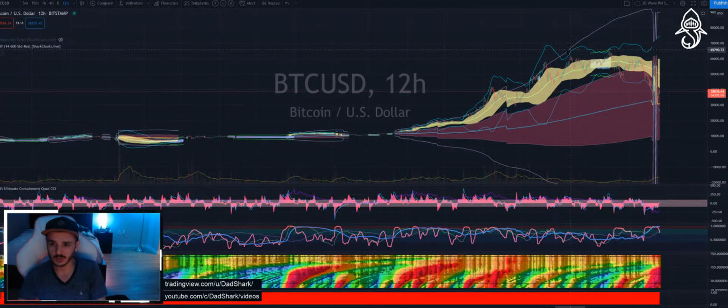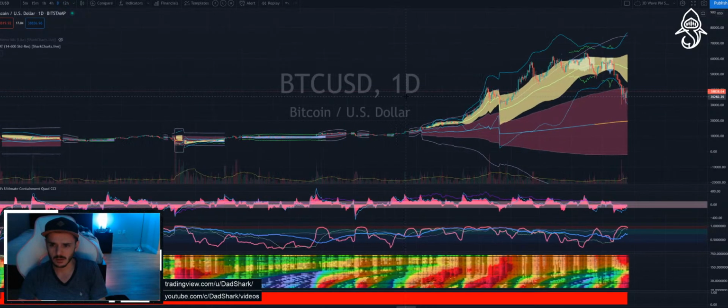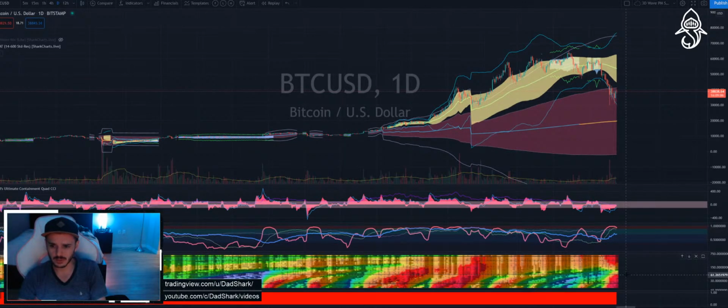So what we did is we manually defined this. Oh, we did do it on the daily. Okay. Yeah, so we used the 500 period as our trend pivot.